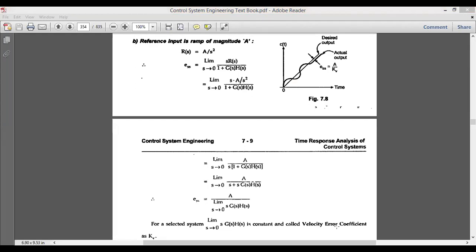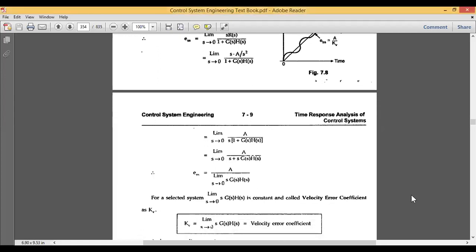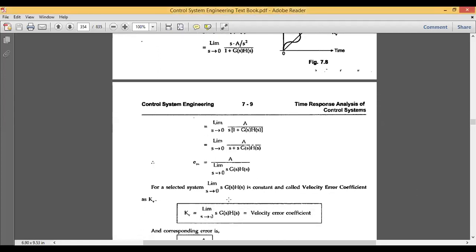So if it is a step signal, it becomes the positional error coefficient. If it is a ramp signal, it becomes the velocity error coefficient. To represent the velocity error coefficient, we take it as Kv. So Kv is equal to limit s tends to 0, s multiplied by G of s into H of s.